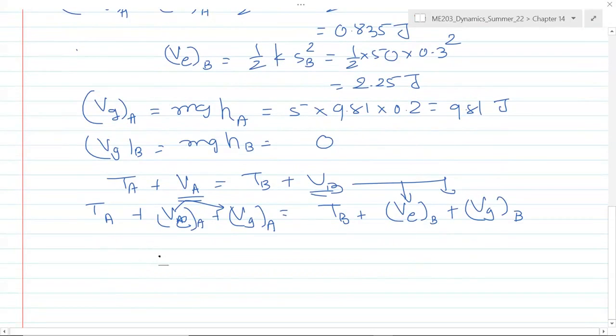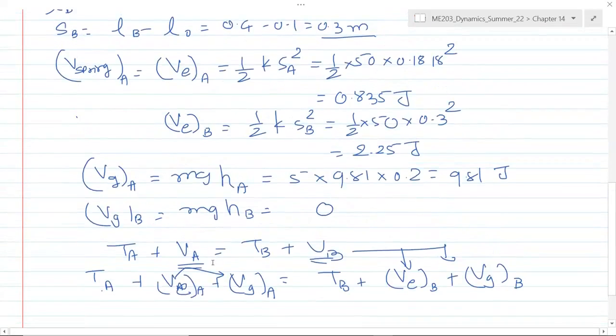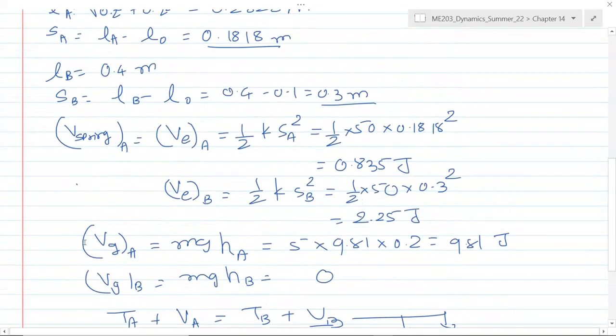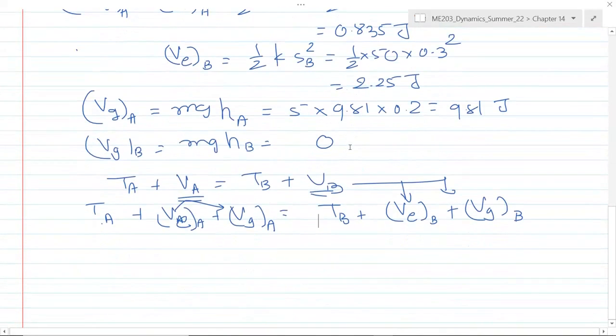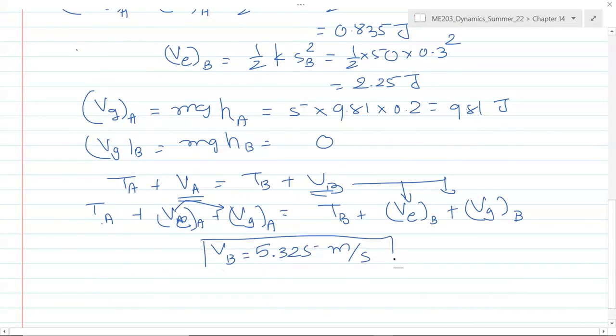And now it's time to substitute all of these energies here and solve for vB. So when you substitute all the numbers like TA, VE at A and B, and VG at A and B, based on these calculations here, we get vB equal to 5.325 meters per second. So this is the velocity of the block at B.